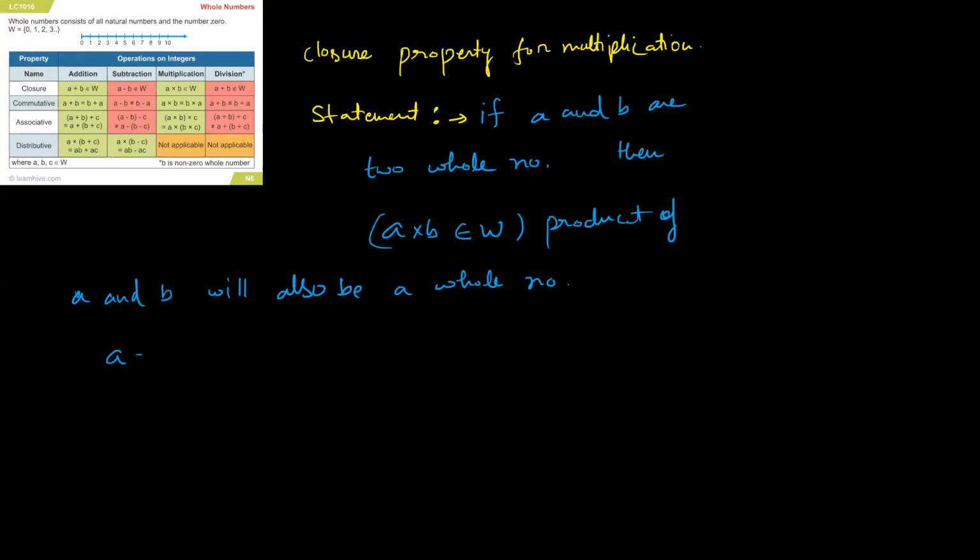Let's say A is equal to 3 and B is equal to 15. Then A into B is equal to 3 into 15, which is 45, and 45 is a whole number. So this property is proved now, that the multiplication of two whole numbers is also a whole number. Fine.